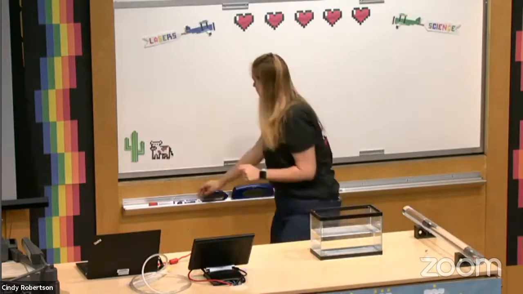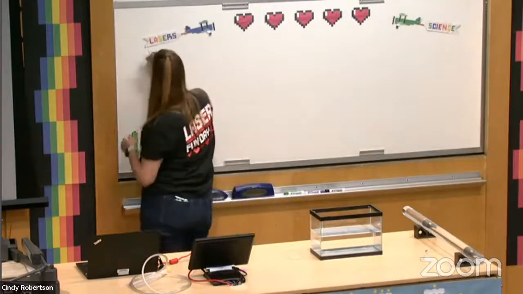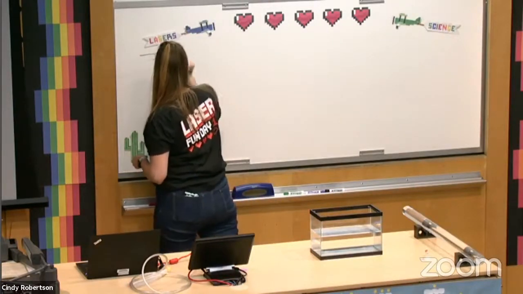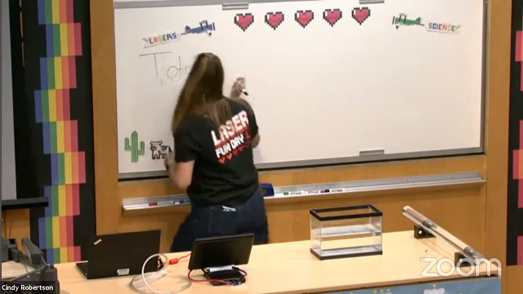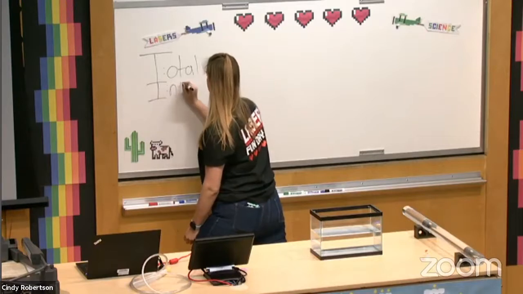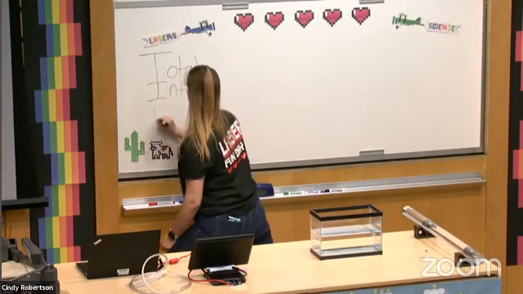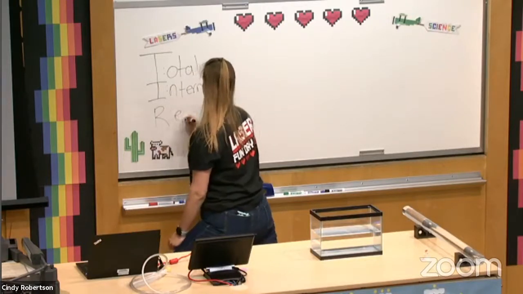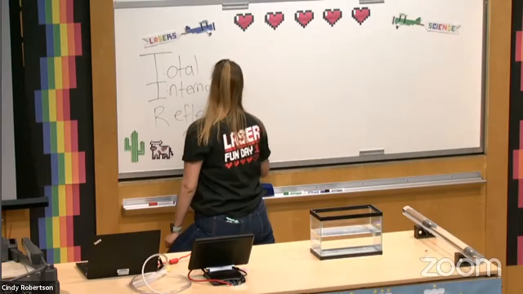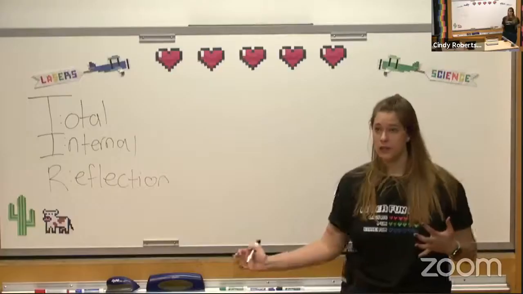We're going to break down what that means. So we have total internal reflection, or TIR. T for total, I for internal, and R for reflection. Okay, so what do these words mean?